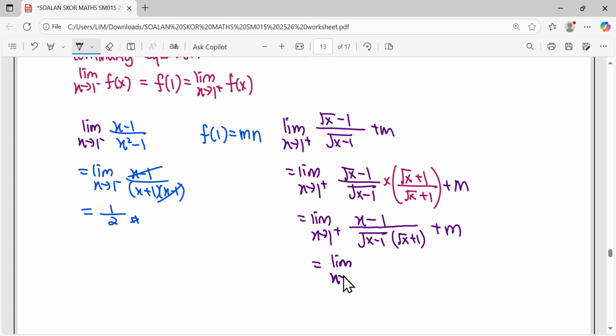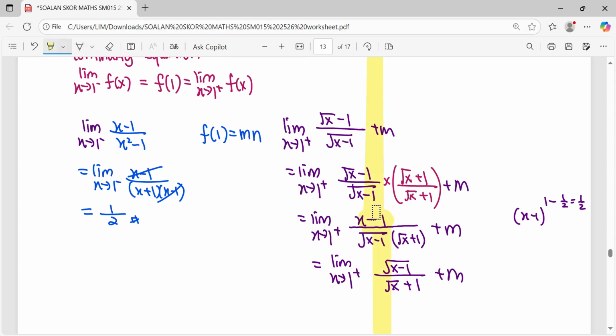So simplify some more. You can see x minus 1, x minus 1. So x minus 1 to the power 1 divided by x minus 1 to the power 1 over 2, you get power 1 over 2. So lastly, you get square root of x minus 1 over square root of x plus 1 plus m. So simplify here.